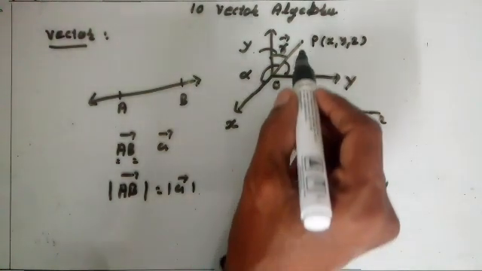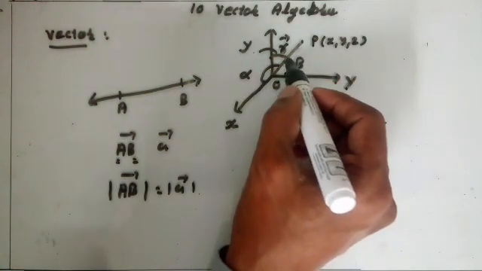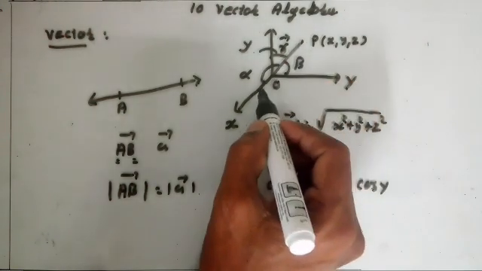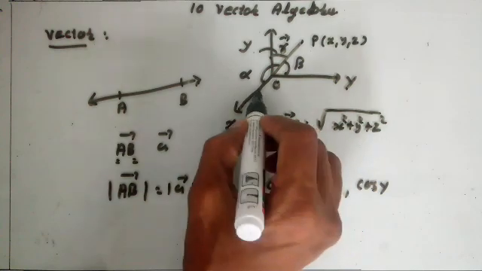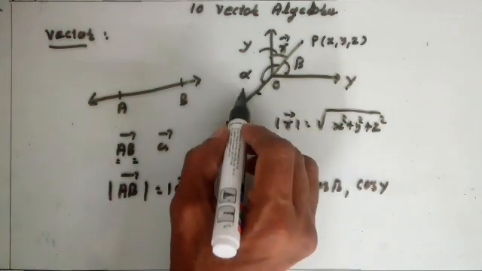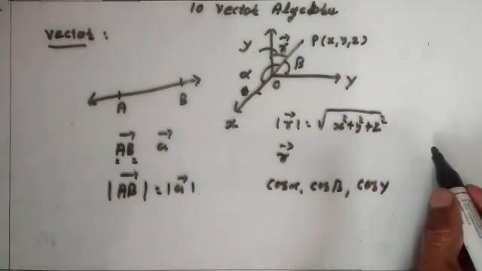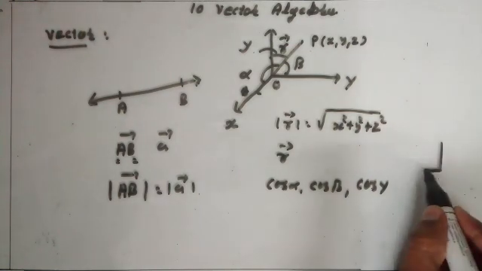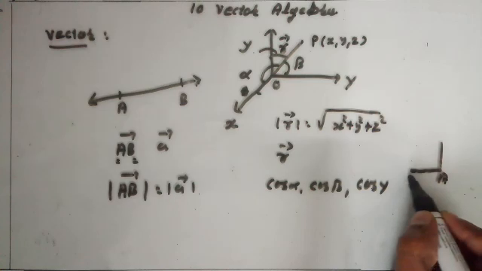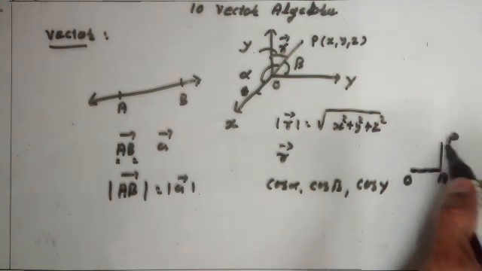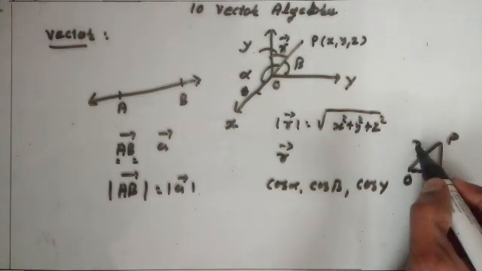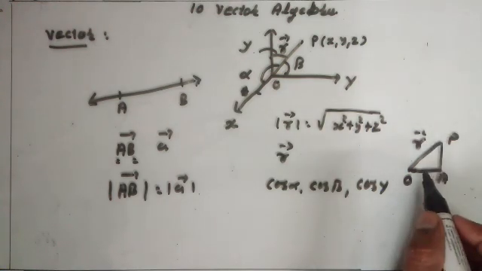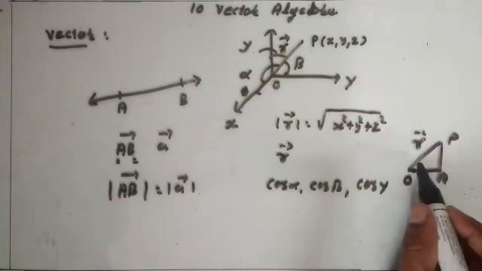Here, the perpendicular from P to x-axis, say A, gives this type of right triangle. This is vector R. OA is equal to x, we know that.